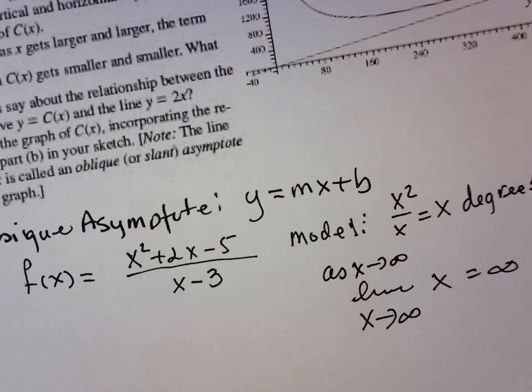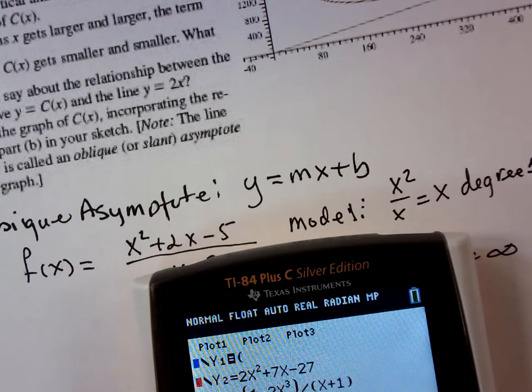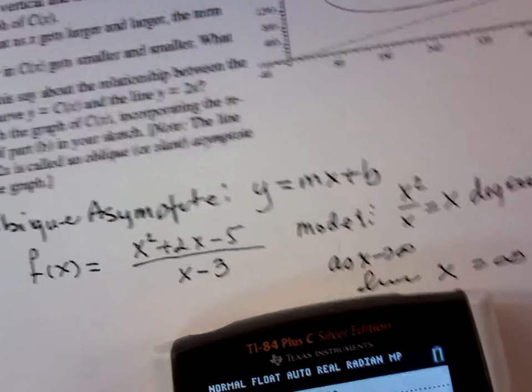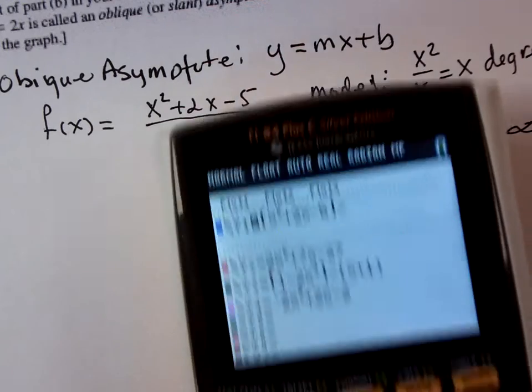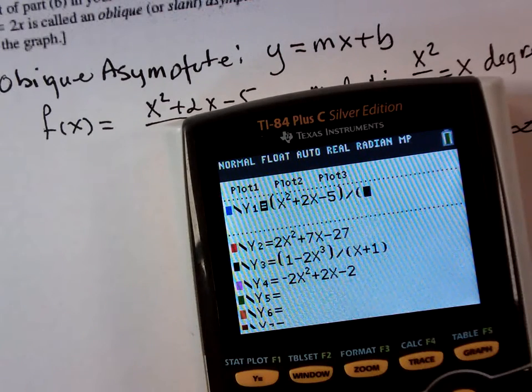So if I were to go to graph this guy, I need to remove my plots, and I'm going to put in x squared plus 2x minus 5 divided by x minus 3, and I made it up.